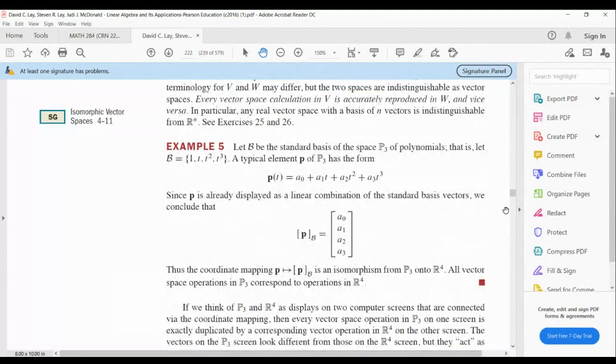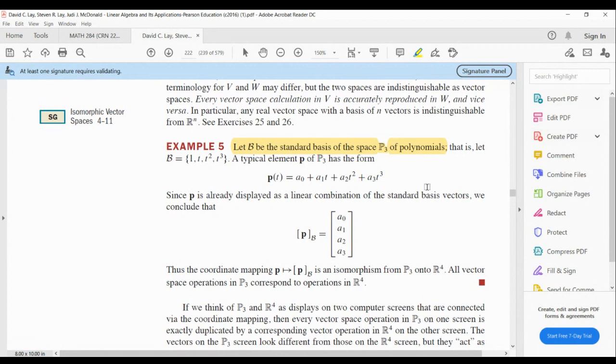Okay, so like in example 5, they say suppose script B is the standard basis for the space of polynomials, P sub 3.